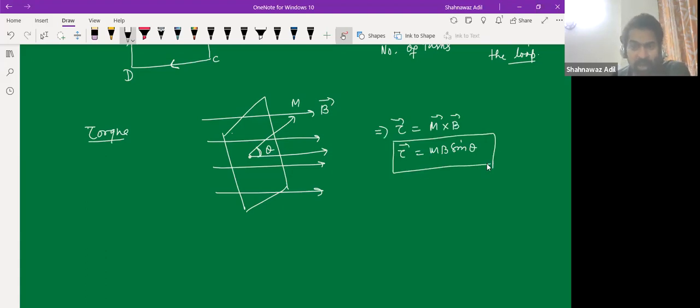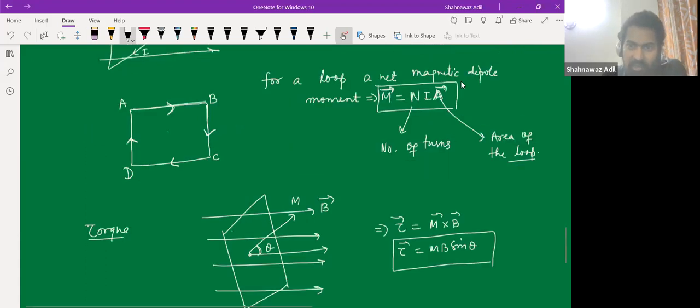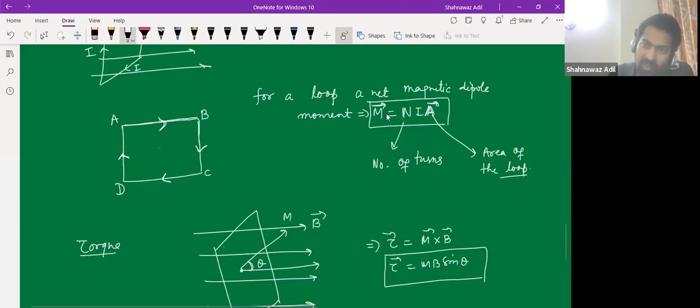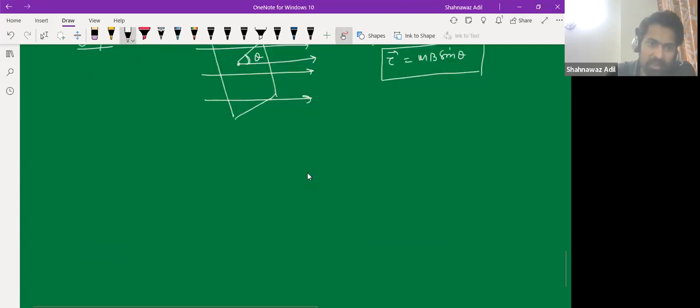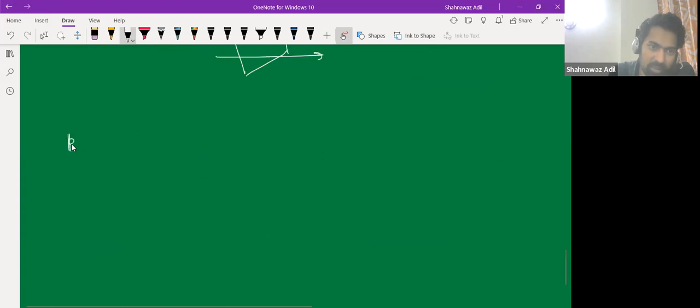But remember, this dipole moment or dipole strength is quite different from this dipole P. So this P is different from this M.